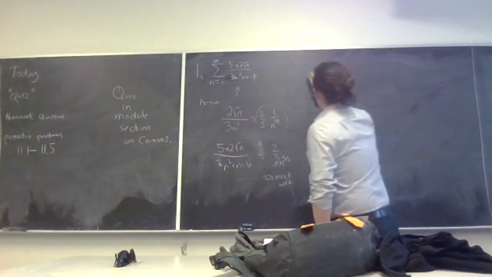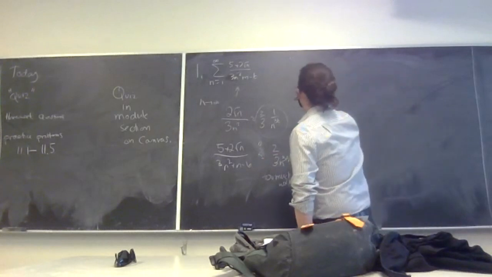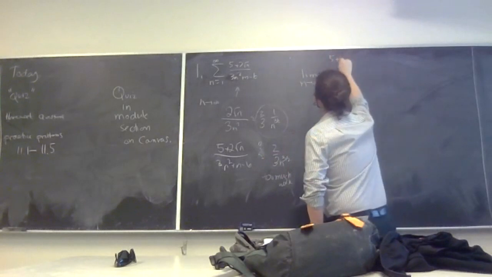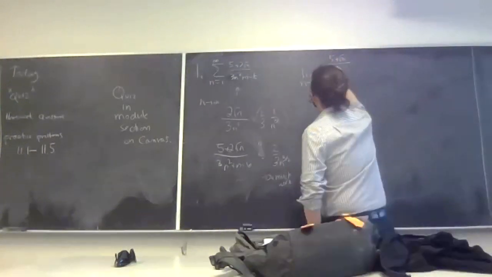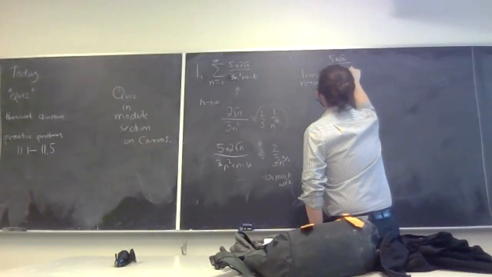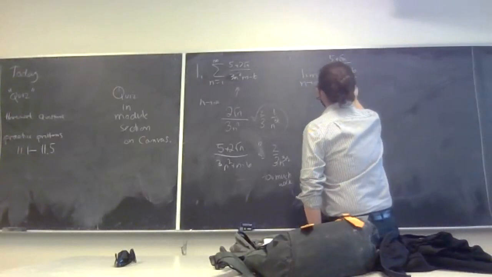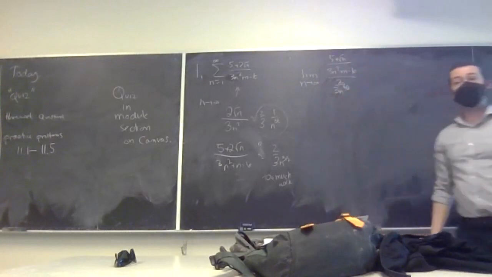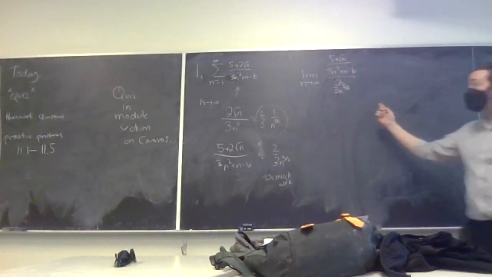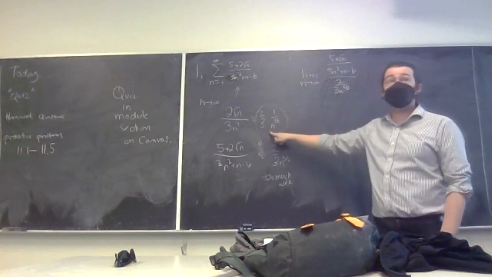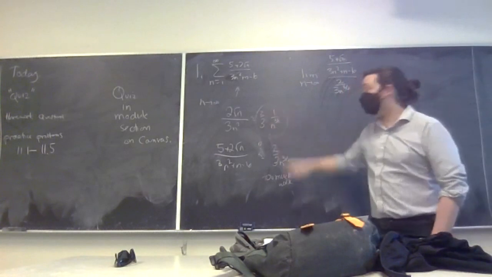So the limit comparison test says that I'm supposed to take the limit as n goes to infinity of one of the series over the other one. That's the thing I've chosen to compare to, because as n went to infinity, this is how I find my comparison. I look at the dominant terms.